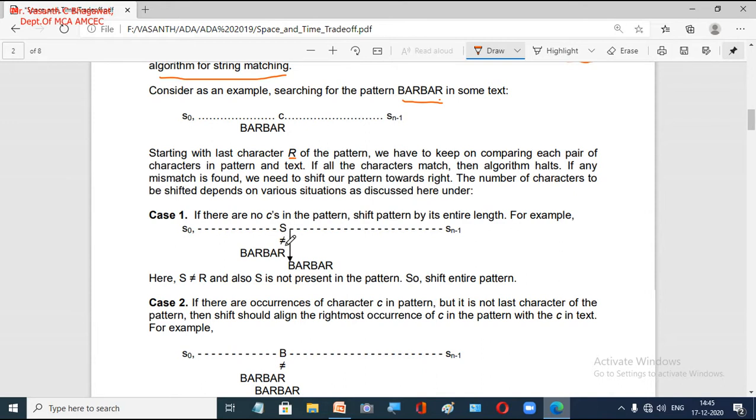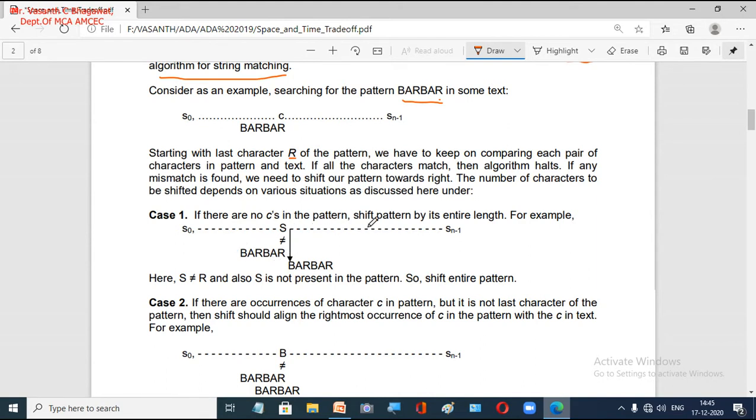R and S do not match. S is not matching with R, and also S is not present anywhere in your entire pattern.